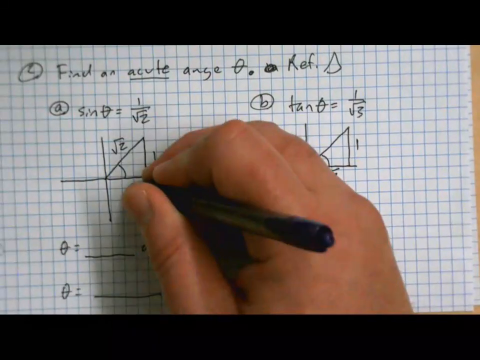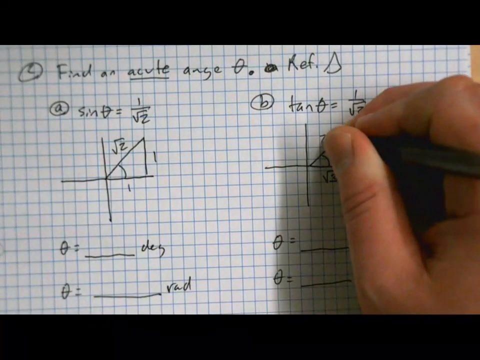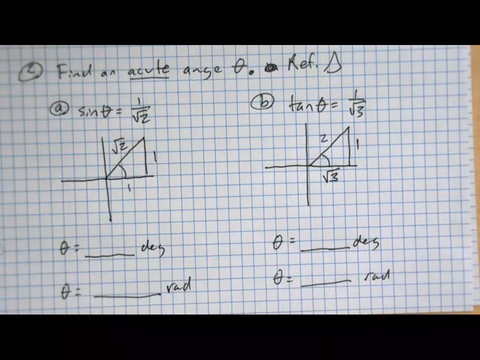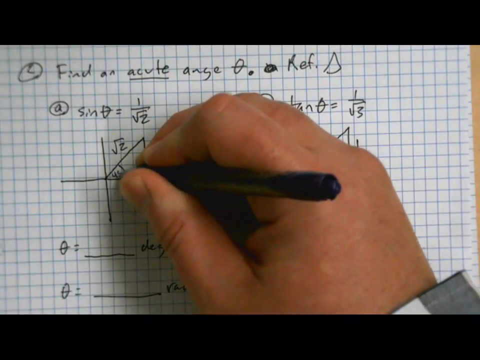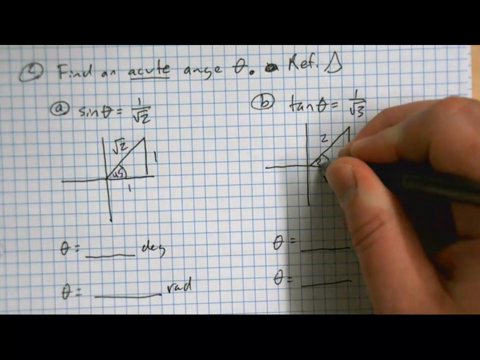And hopefully, because you've used them 1,000 times by now, you're recognizing a couple special right triangles. One's a 45, 45, 90, and one's a 30, 60, 90.